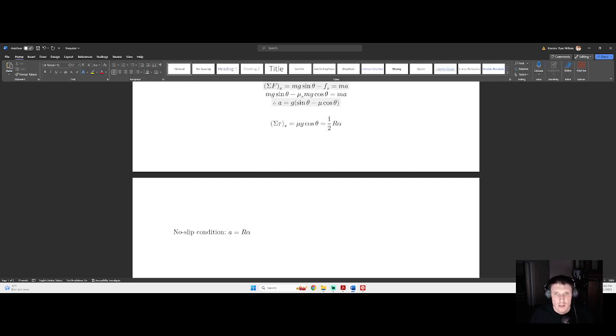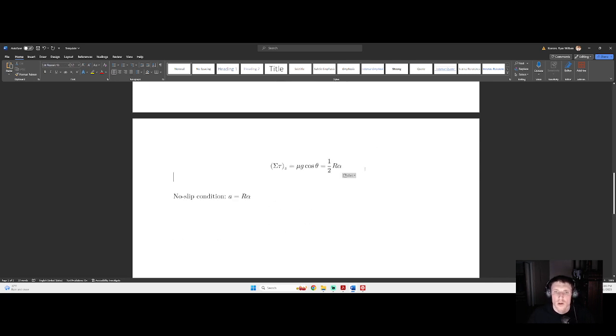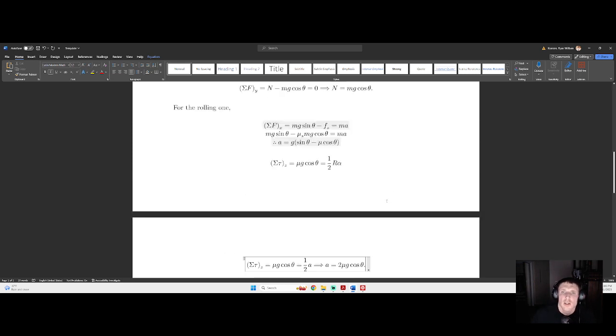So let me copy this and then just paste it down one line. So I can just write that this is 1/2 A, right? And then what I find is that A is 2 mu g cosine theta, right?